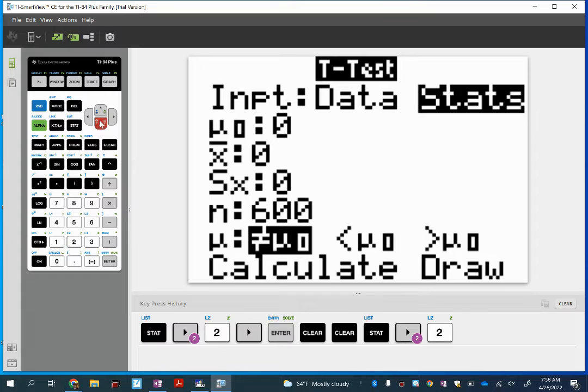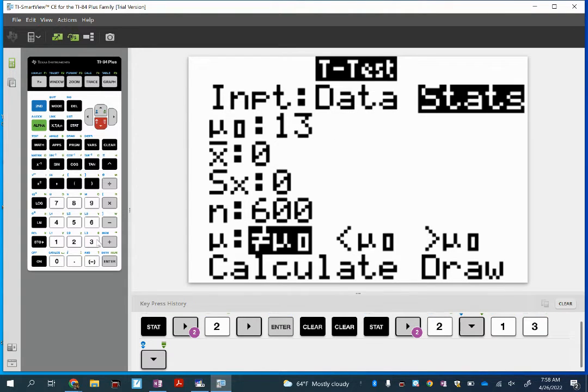Okay, what is our null hypothesis value for the population mean? 13. It's always going to be equals. What is our sample mean from those 400 teachers working the part-time job? Y bar was 12.5. And then the standard deviation? 6.5.